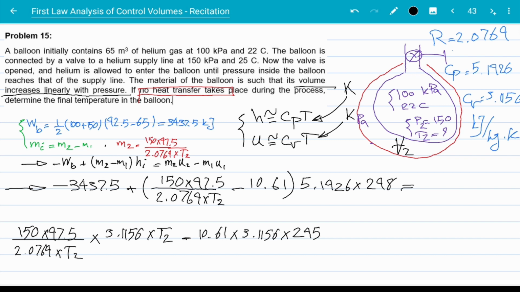Now we have an equation where T2 is the only unknown. Playing with this equation and doing the calculations, you get that T2, or the final temperature, is 333.55 Kelvin.